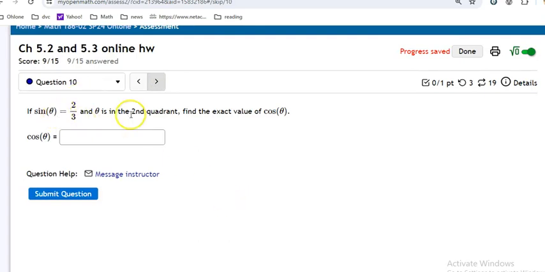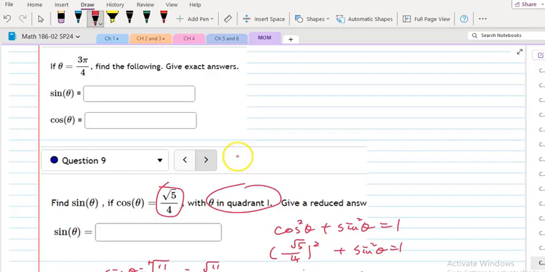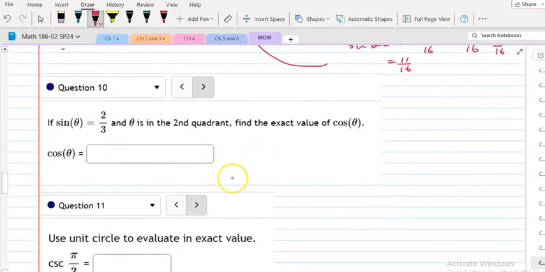We know sine, but we want to find cosine. We know sine is 2 over 3, but the angle is in quadrant 2. So in quadrant 2, x is negative, so cosine is a negative value. Once we do that, we use the Pythagorean identities.